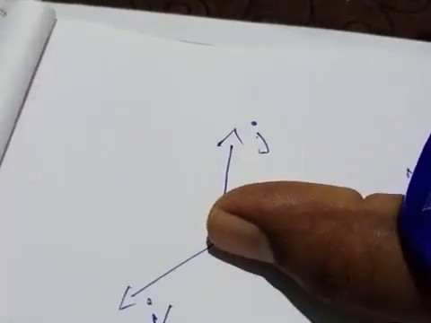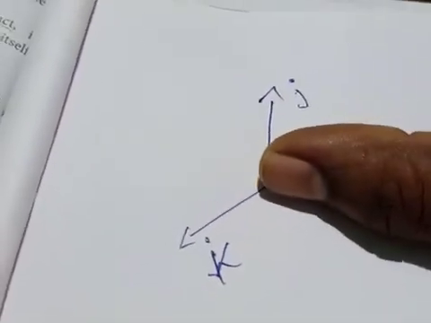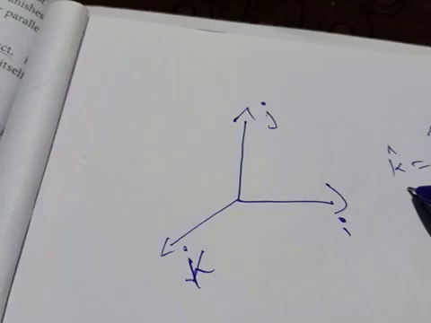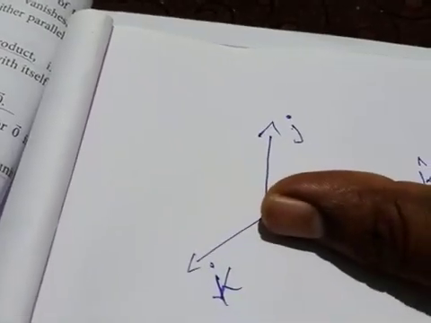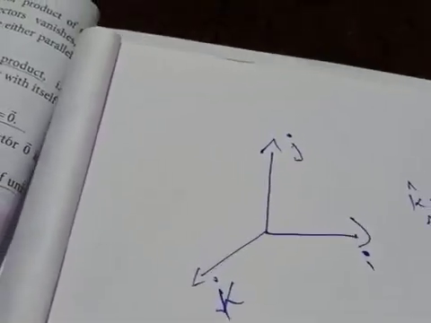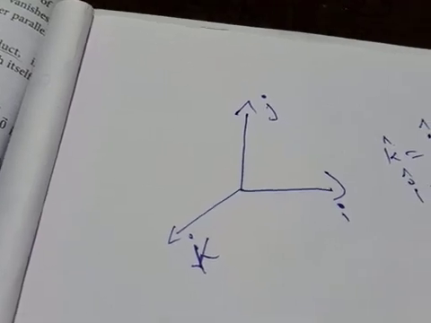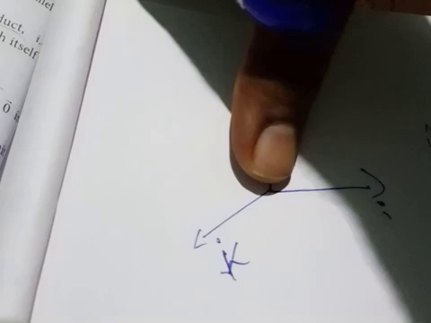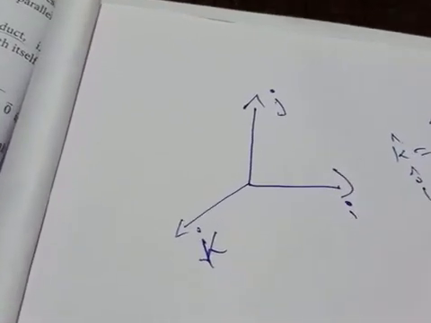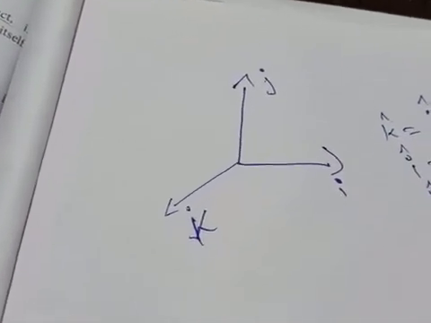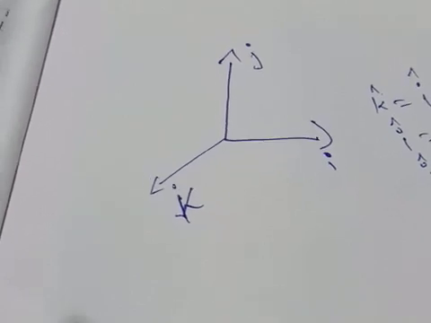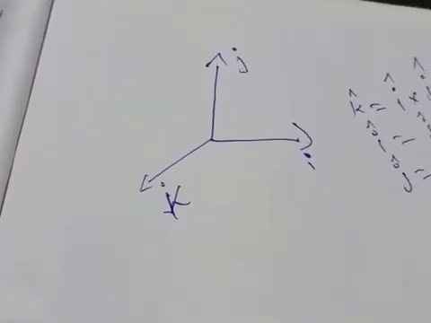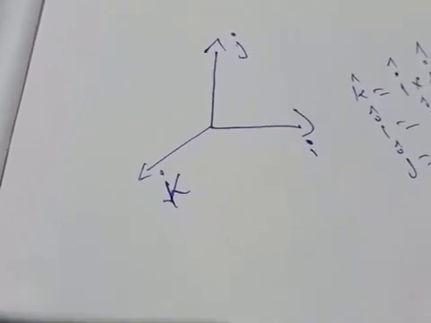If you close I, then I unit vector is equal to J unit vector cross K unit vector. If you take J, then J unit vector is equal to K unit vector cross I unit vector.